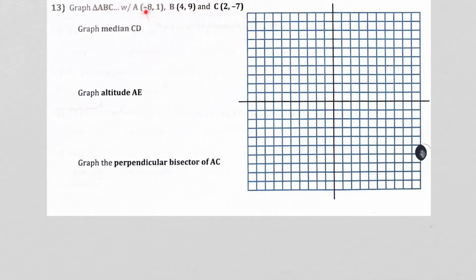All right, the first thing I'm going to do is graph this. Negative 8, 1 is that point right there. Positive 4, 9 is this point right here. And 2, negative 7 is that point right there.